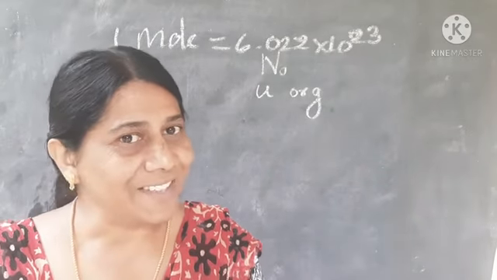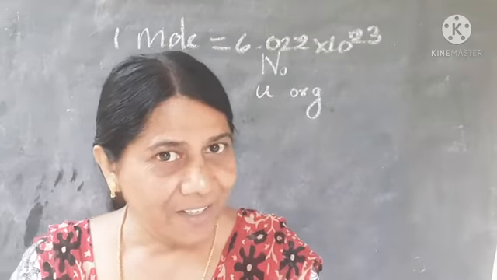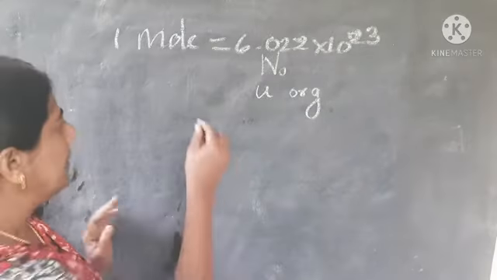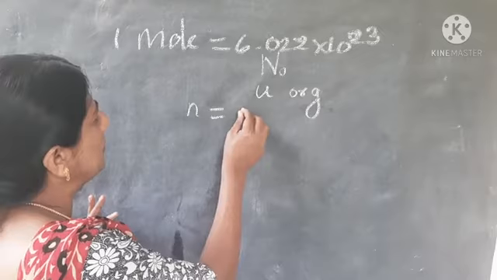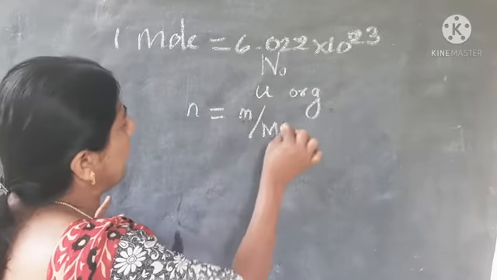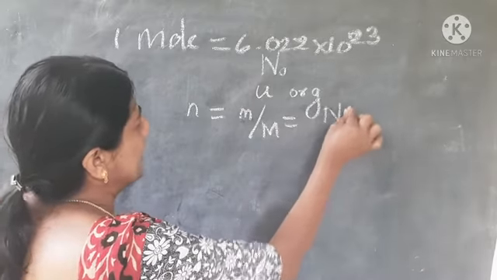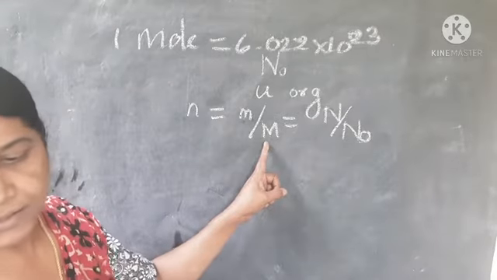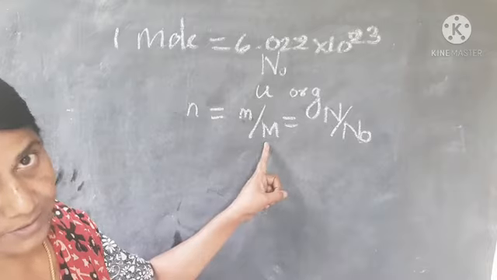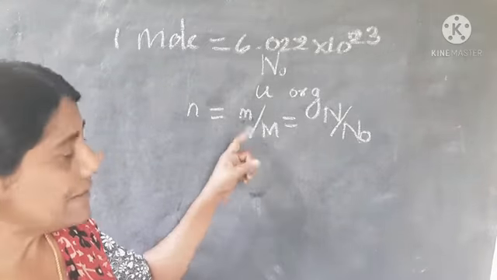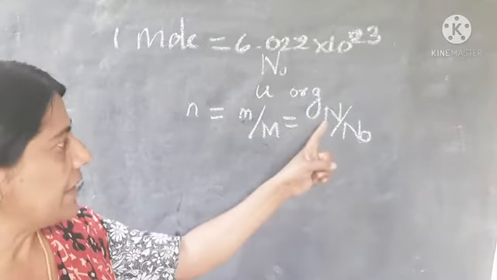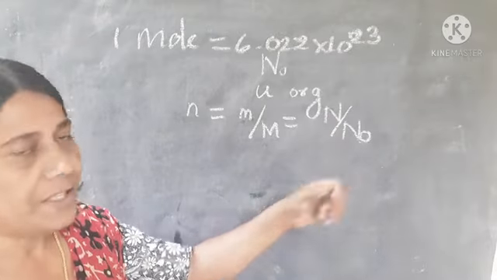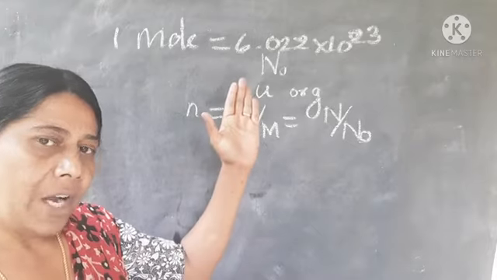Now we shall see some problems based on the formula n is equal to m by M and another one, n by N0. Here M is called the molar mass, m is the given mass of the substance, N is the given number of atoms of the substance, and N0 is the Avogadro number.